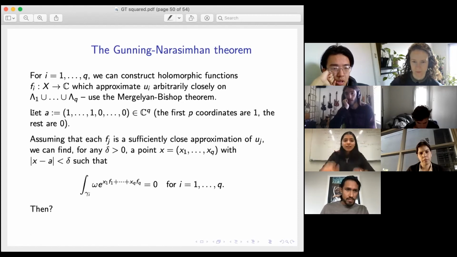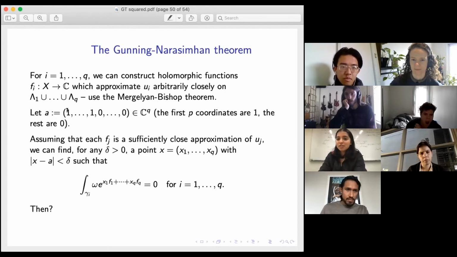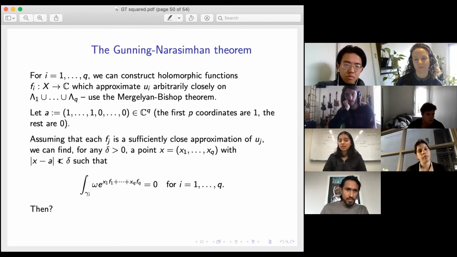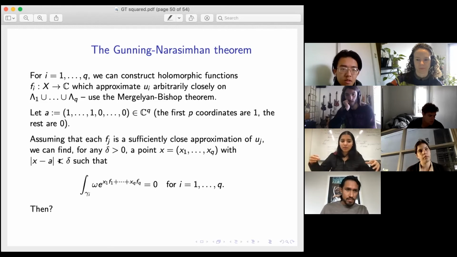Then finally, we just let A be 1, 1, 1, 1, 1 for the first P coordinates, and then 0 for the rest of the coordinates, for P plus 1 through to Q. Now, assuming that these holomorphic approximations Fj are good enough, then if you were given a delta, we can find a point X, which is within delta of A, such that this integral is satisfied, which means that the integrand is exact.